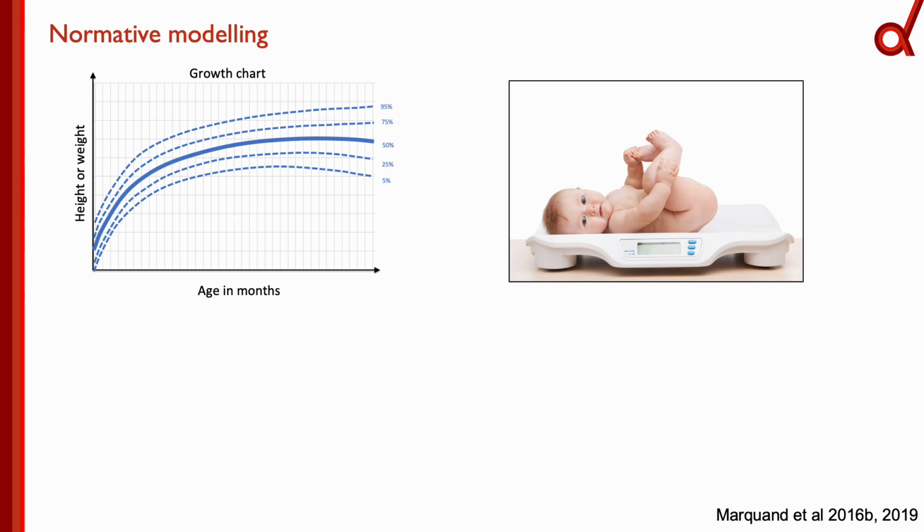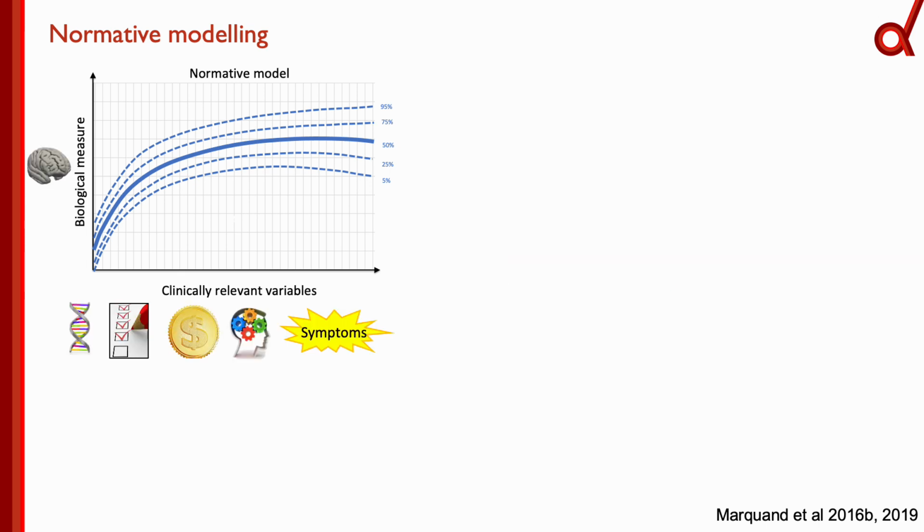So the classical starting point for understanding normative modeling is as a generalization of pediatric growth charts, which aim to plot biological parameters such as height or weight as a function of, for example, age. So what we do in normative modeling is we translate these things for variables that are of relevance in brain disorders, and they can be mappings between demographics like age and sex and biology.